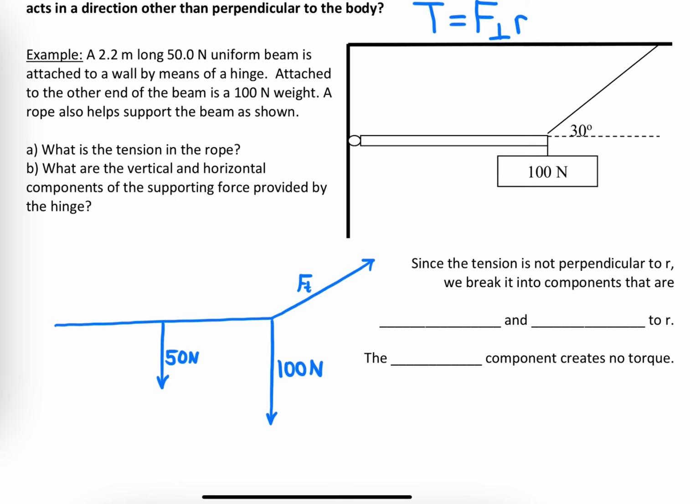Now, one little extra thing I want to throw in this problem is I want to show you what would happen if we assumed the wrong direction for this hinge. So from looking at this scenario, if this hinge were to suddenly disappear, probably this beam here would move to the right and down.